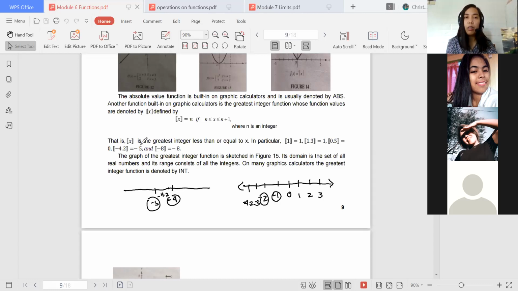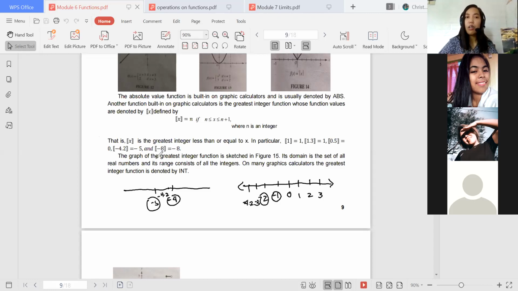Hindi pwedeng ang magiging sagot mo ay mas malaki pa dito. So, si negative 4.2 ay mas malapit at less than siya kay negative 5. Kaya hindi pwedeng ang sagot dito ay negative 4, kasi nga, ang greatest integer means less than or equal to. Hindi pwedeng mas malaki. So, the answer for the greatest integer of negative 4.2 is negative 5.